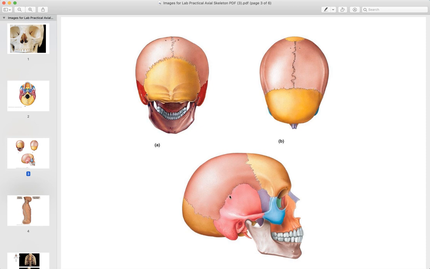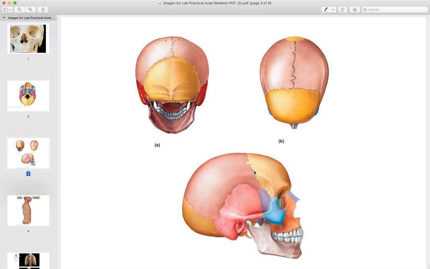That's this line here. Then there's the sagittal suture. That is this line up here. Then there's the lambdoid suture. That is this line here. Then there's the coronoid suture, and that is this line here.